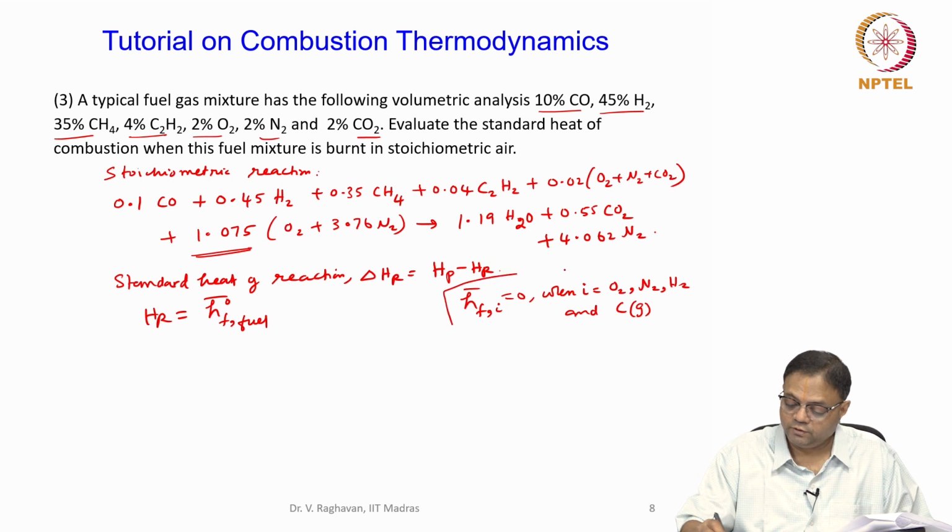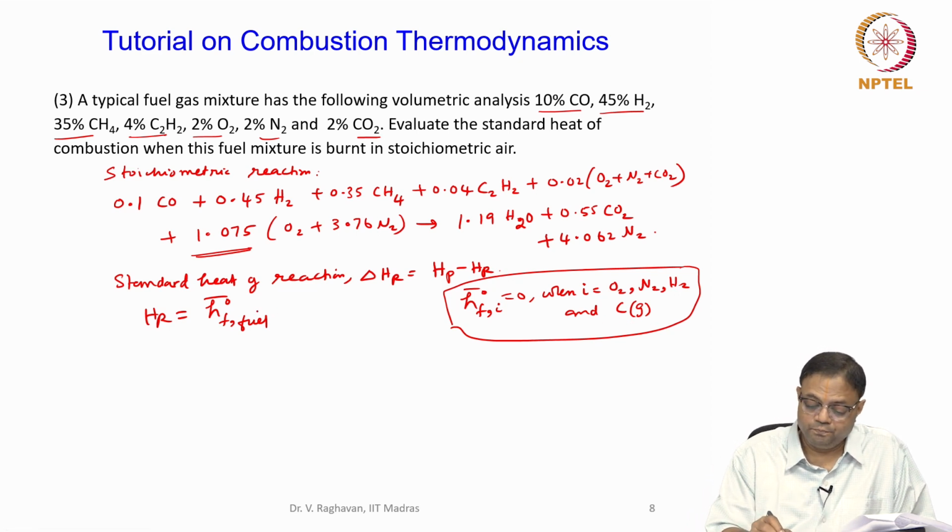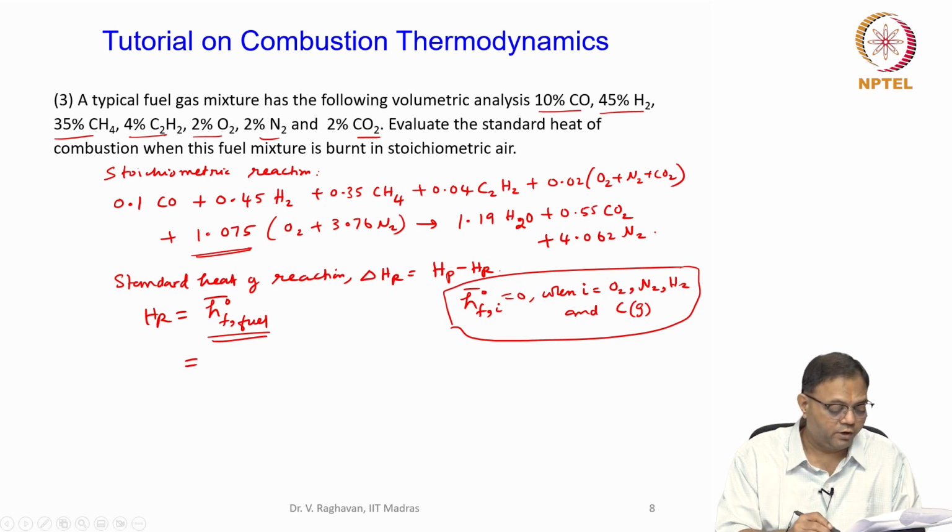The enthalpy of formation is set to 0 for naturally occurring elements; three are gases and this is carbon, graphite, solid. So, how will you evaluate this? This can be evaluated as a function of the mole fractions. The number of moles are given here, so we can use the mole fraction and get the value of this.